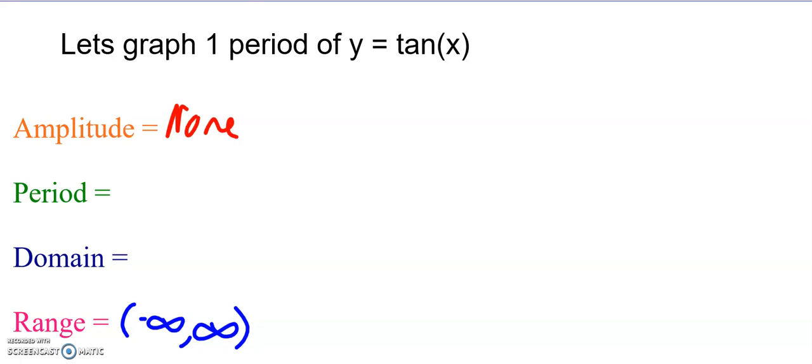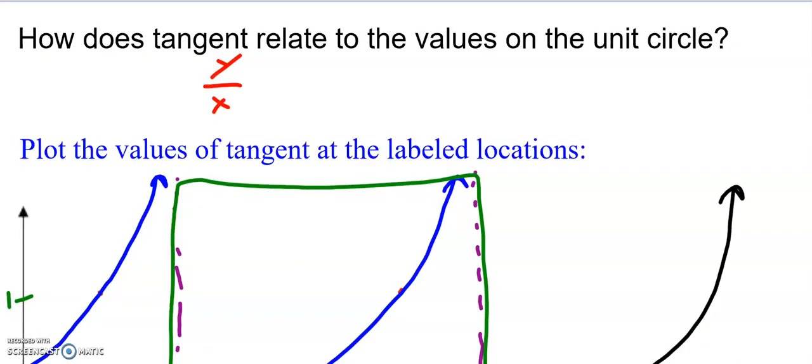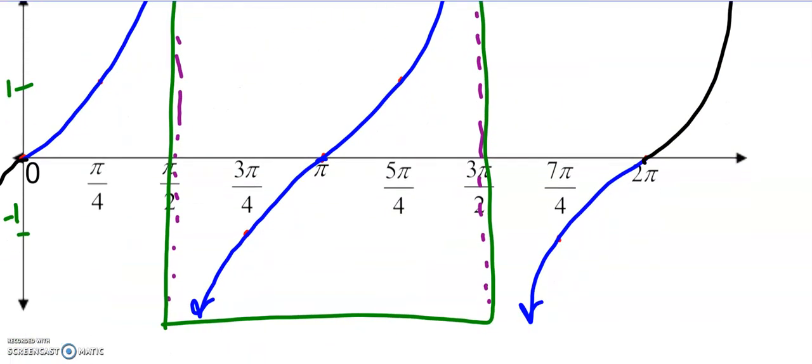What is the period? The period is pi, and we just talked about that. What is the domain? We're going to use a different notation that maybe you've seen before, maybe you haven't. If we go back to this picture, notice that we have asymptotes, and as I mentioned, those asymptotes are going to continue on.